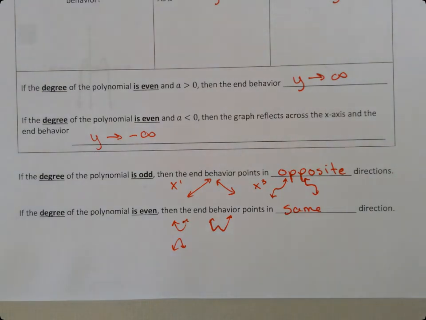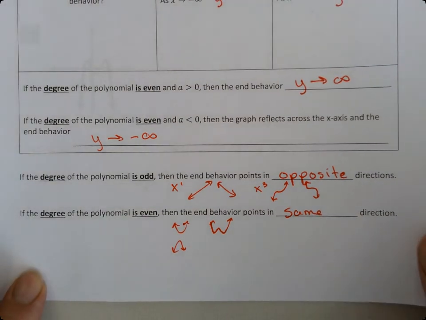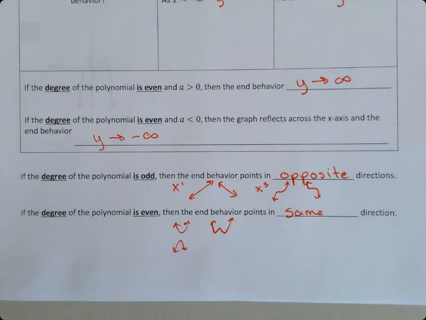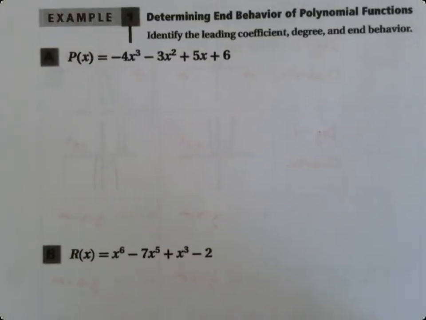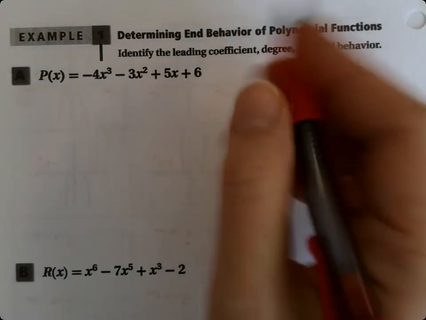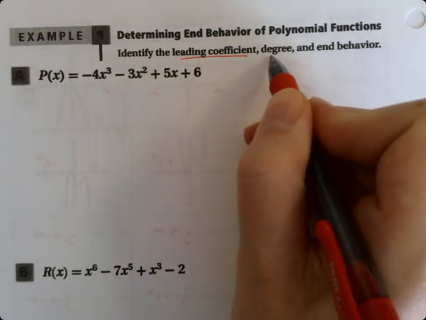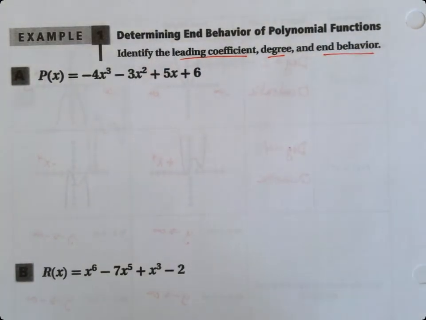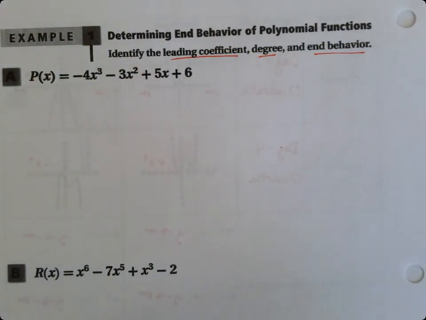Okay, so let's jump into this and think about what we have. Can I get rid of this? So looking at just the function and not looking at the graph, we want to identify the leading coefficient, the degree, and the end behaviors for x's and y's.